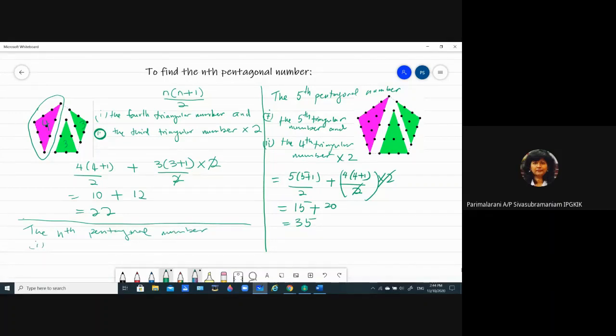It consists of what triangular numbers? The fourth pentagonal number consists of the fourth and the third triangular number. The fifth pentagonal number, 5 and 4.